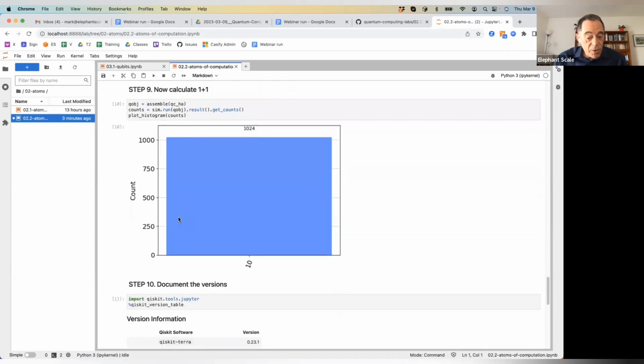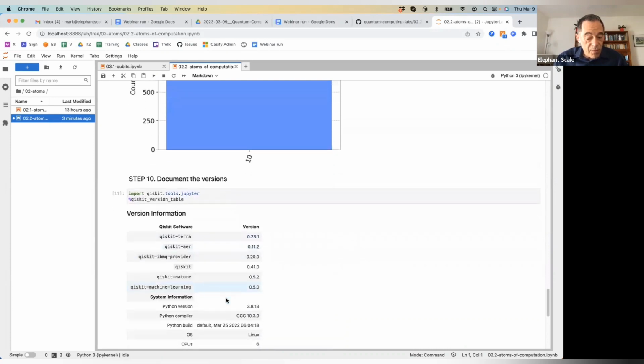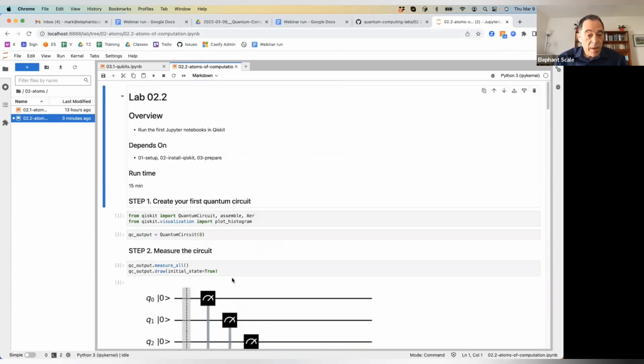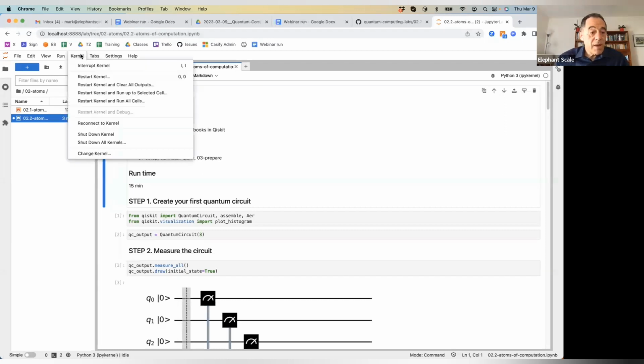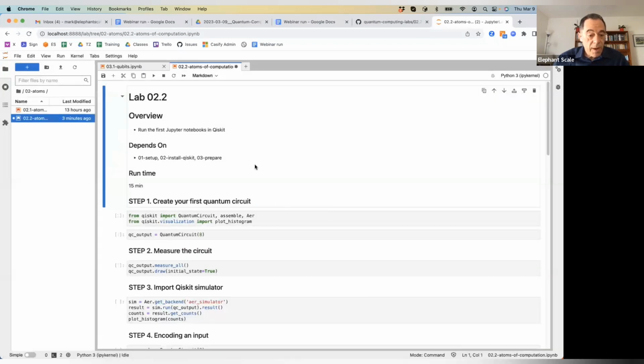So not going too far, we then verify what versions of software we run. What I'm suggesting is that we restart kernel, clear all output, and verify how it works.